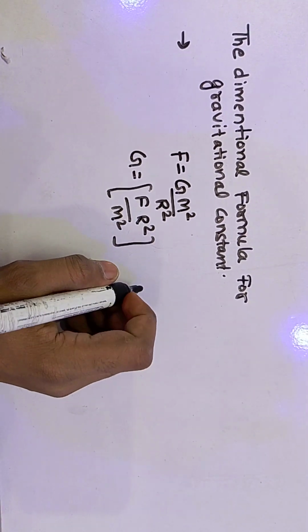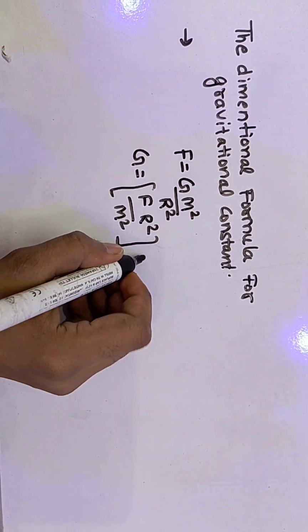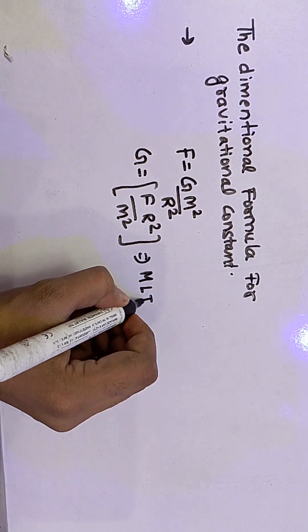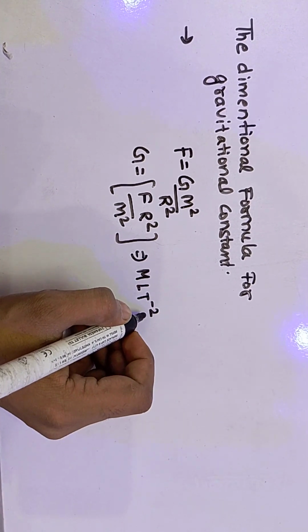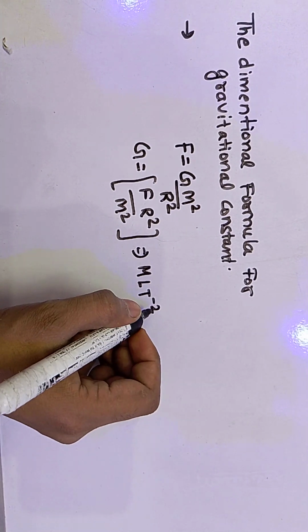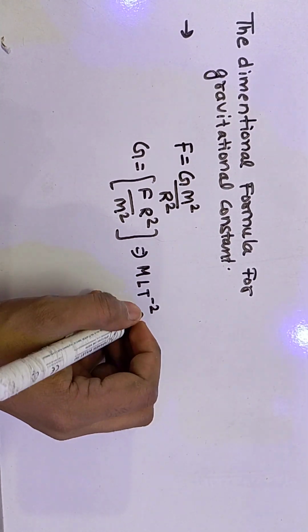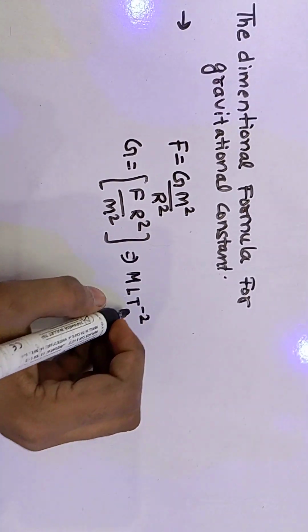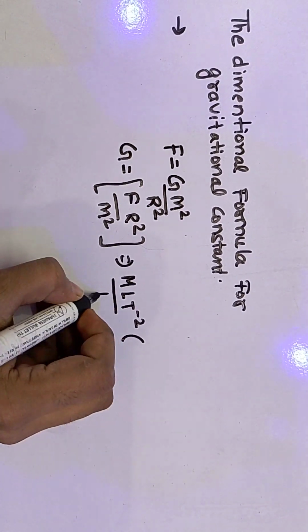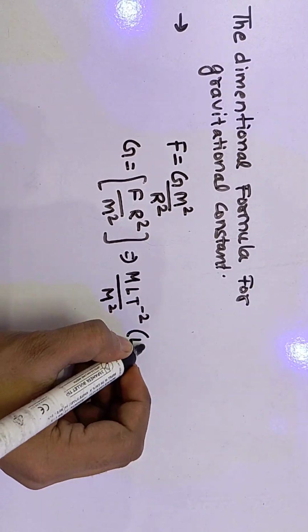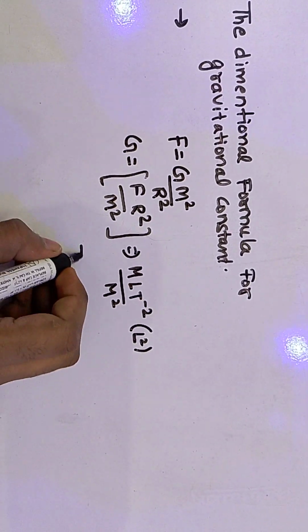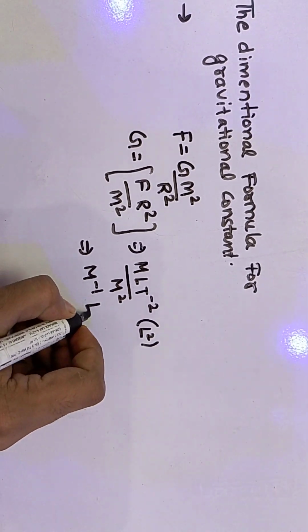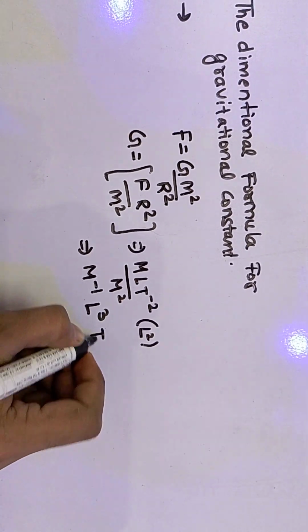As we know, for force it is M L T minus 2, and with m square and then L square, it would be M minus 1 L cube T minus 2.